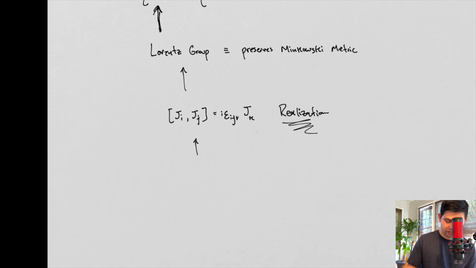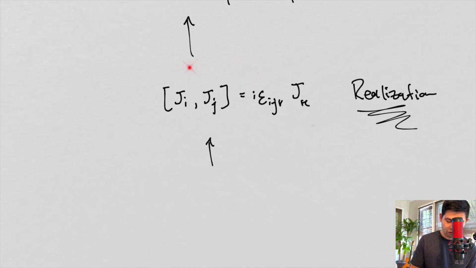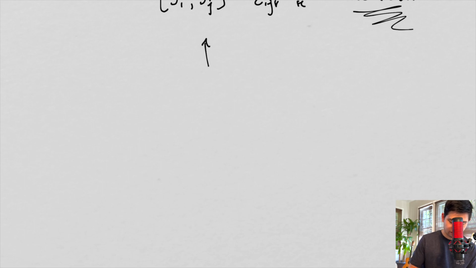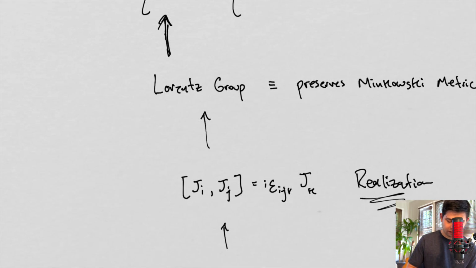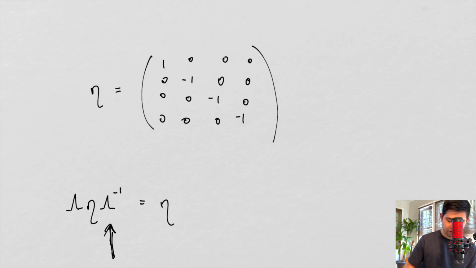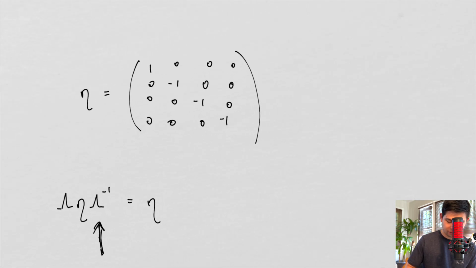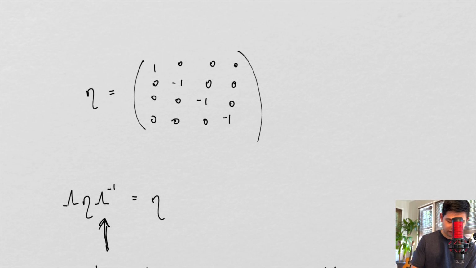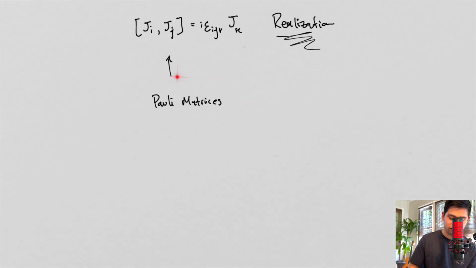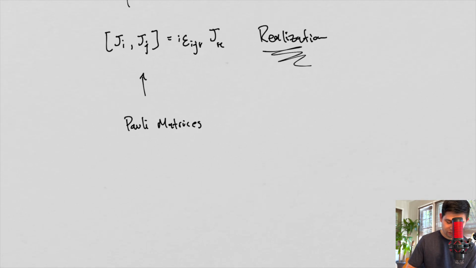The realization is that we already know objects that obey this algebra. That is going to be stuff like the Pauli matrices. But these guys are not 4 dimensions, right? You need 4-dimensional matrices to preserve this guy, but the Pauli matrices are 2 dimensions.